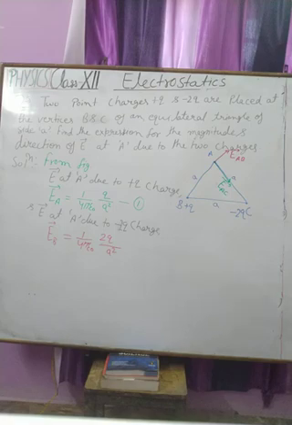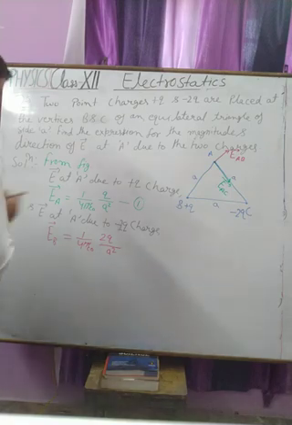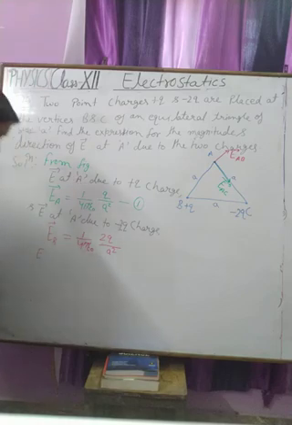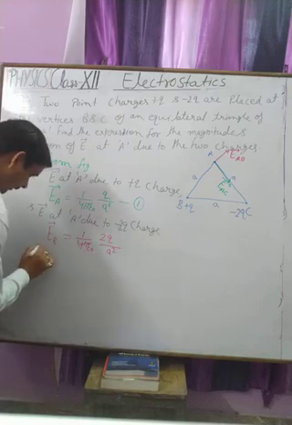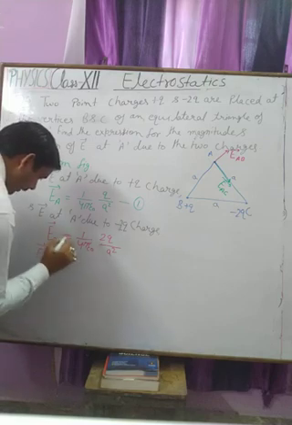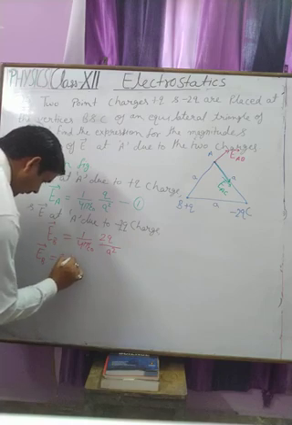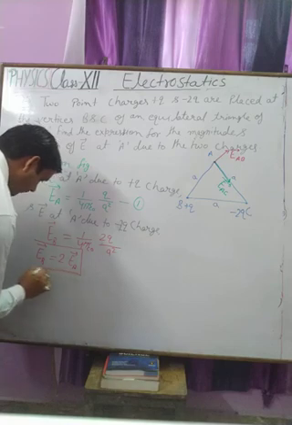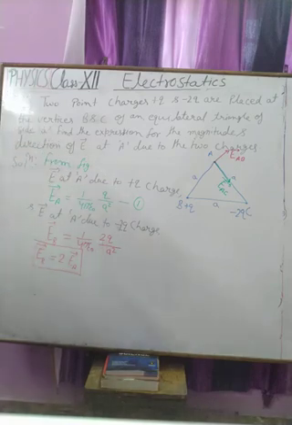Okay student, therefore we are able to calculate that EB is equal to 2 times EA, as you find by these two relations.